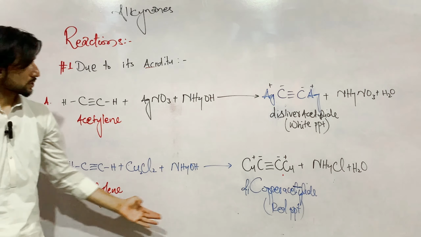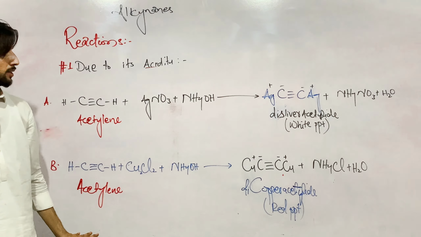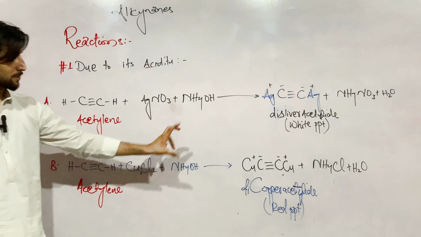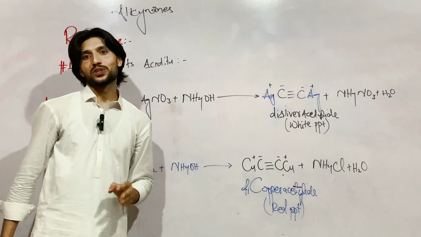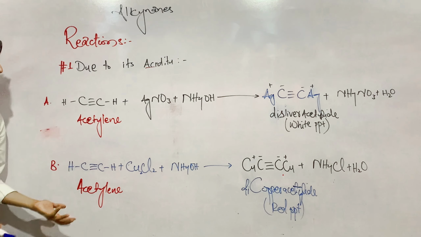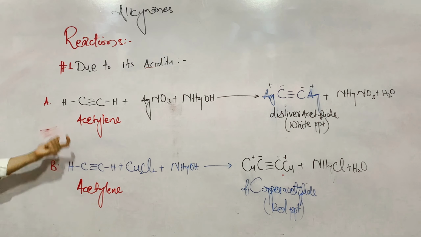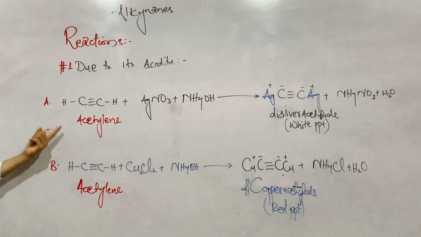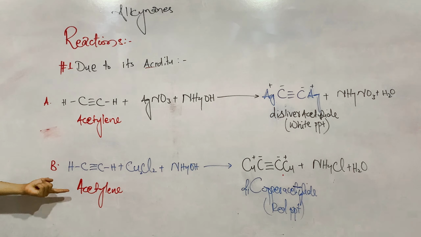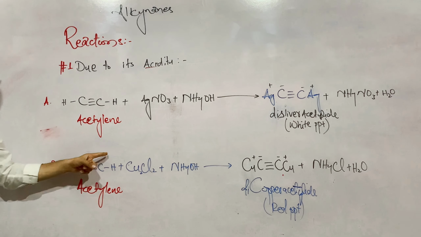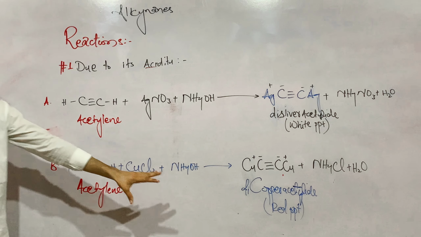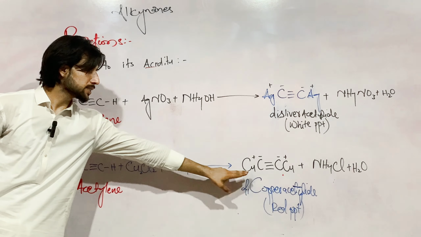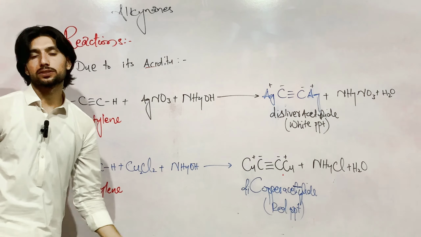Here in this case, you will see a red PPT formation, as you will see the precipitate of dicopper acetylide. So this was all about this reaction. Again, I must say that these reactions are given just by the terminal alkynes. So the acidic protons are replaced by the ions of the metals. This was all about it.